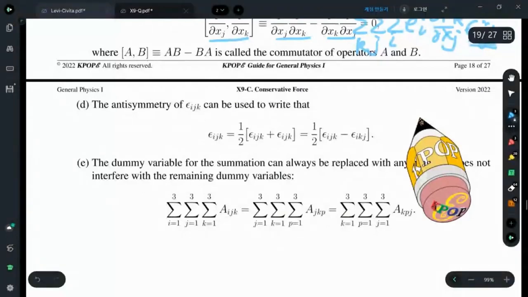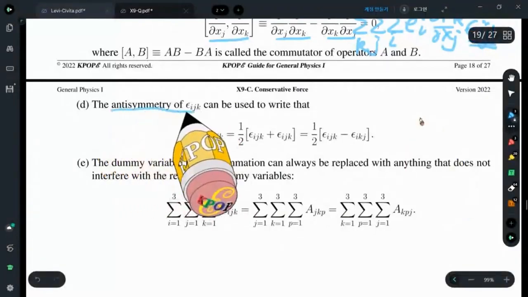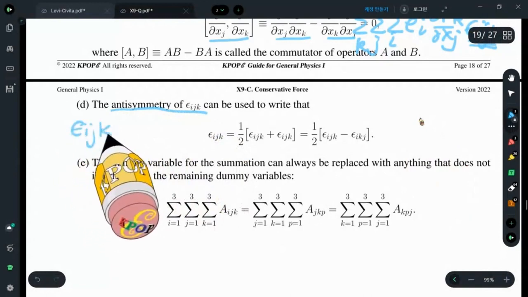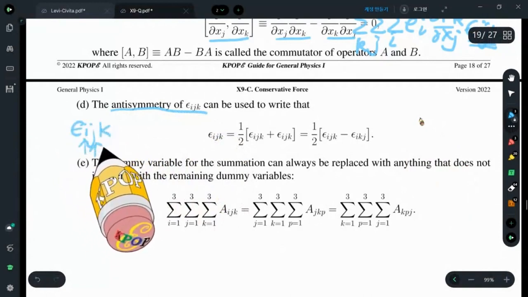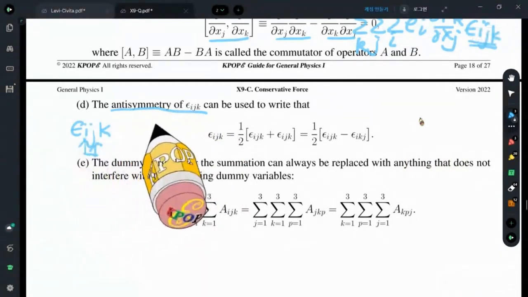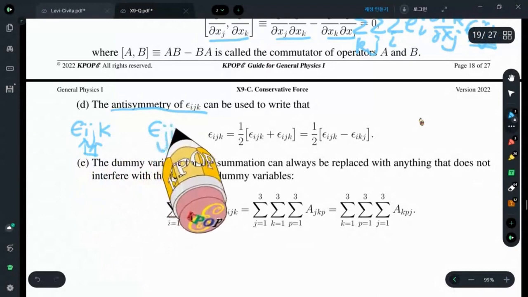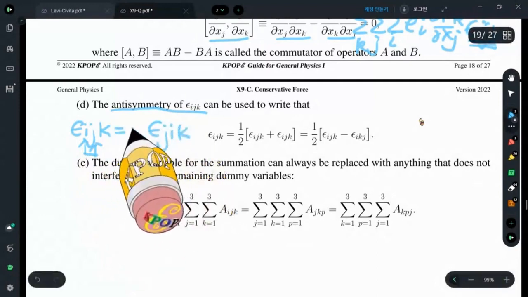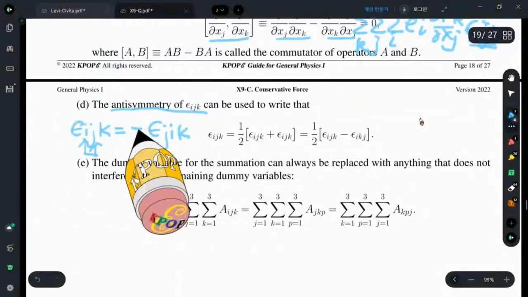We can also make use of the anti-symmetry property. That means epsilon ijk, when I exchange the two indices, it becomes epsilon jik, but the exchange will produce the negative sign on it.